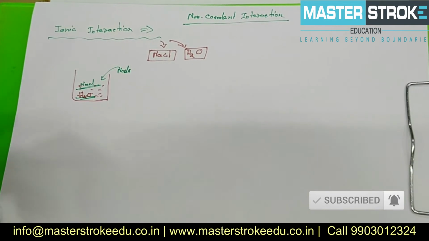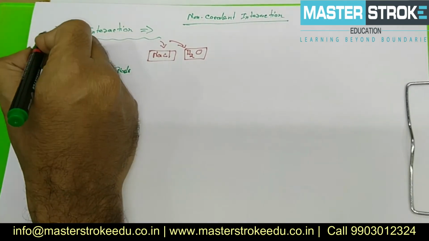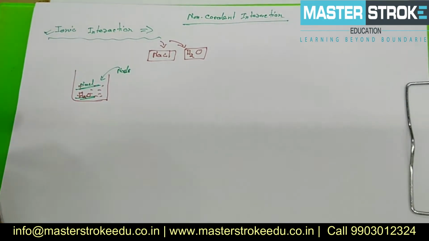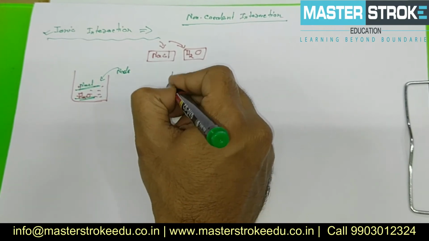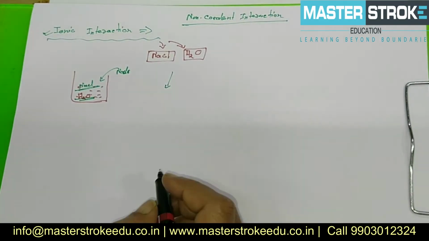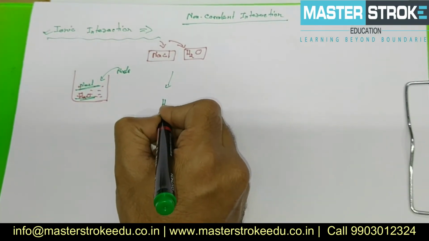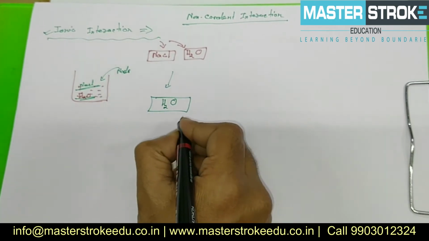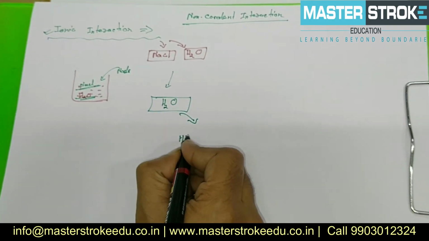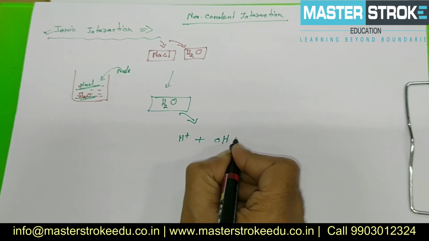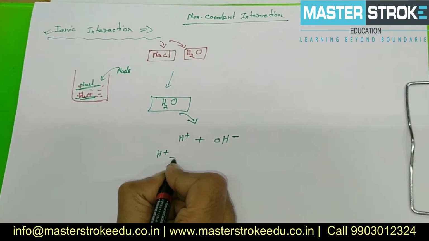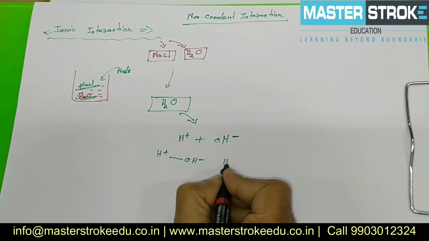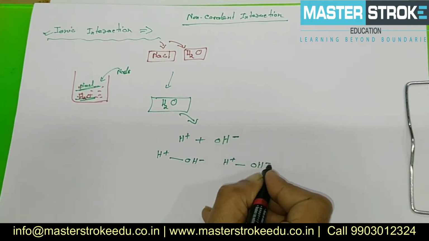How does it become dissolved? How does it interact? That is part of the ionic interaction. As in the previous video, the H2O or water will immediately split into H plus and OH minus ions. So in the water, there are a lot of H plus and OH minus.